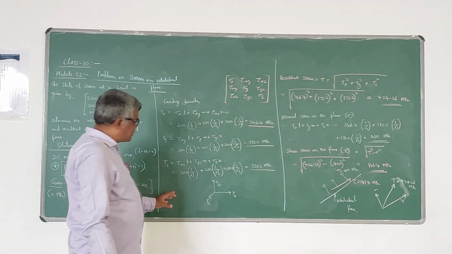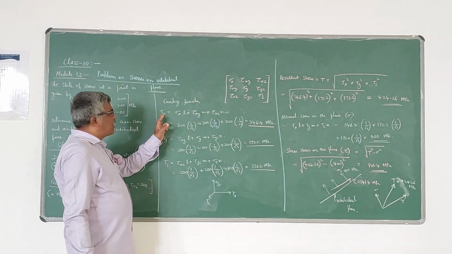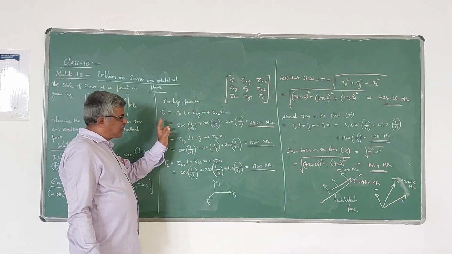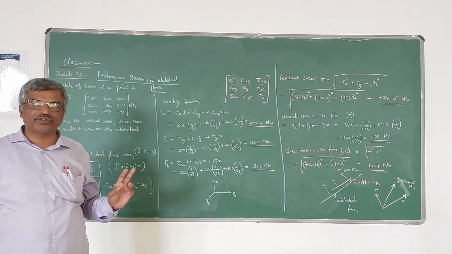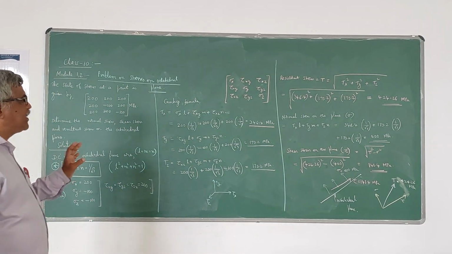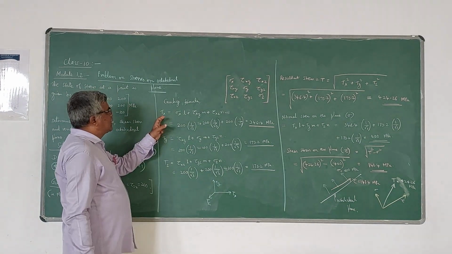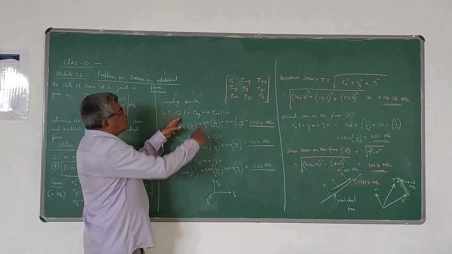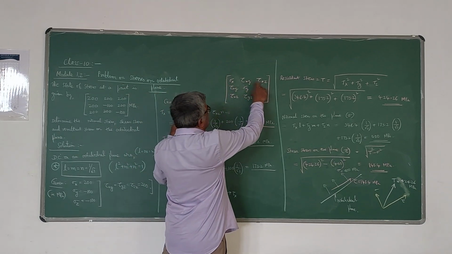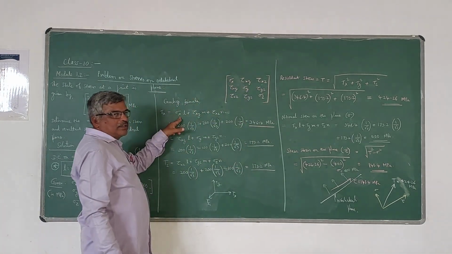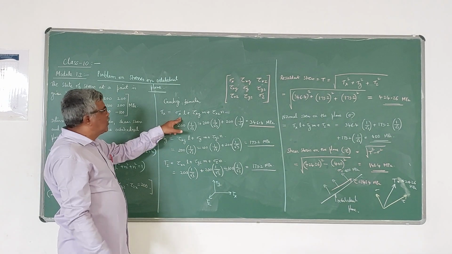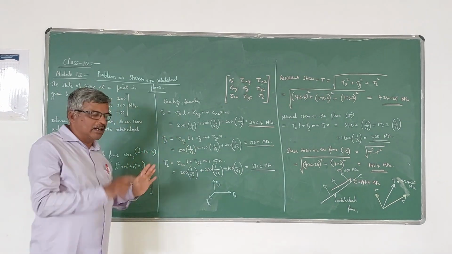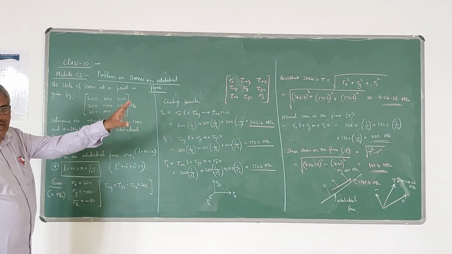Now to find these three stress components, we are going to use these three equations. These three equations are called Cauchy's stress formula. It is very easy to write. The stress component along the x direction, Tx, is given by the first row of the stress tensor. Just take each element of the first row and multiply it by the corresponding direction cosine, and add.